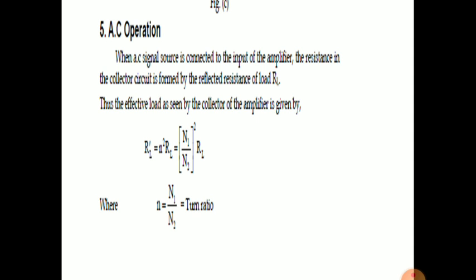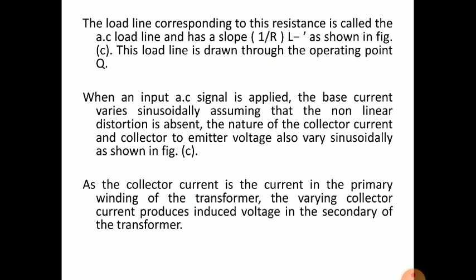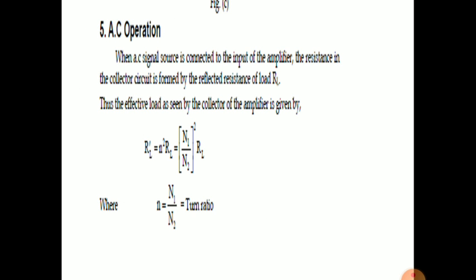From the formula, RL dash is equal to n square into RL, which is n1 by n2 whole square into RL. The load line corresponding to this resistance is called the AC load line and has a slope of 1 by RL dash.